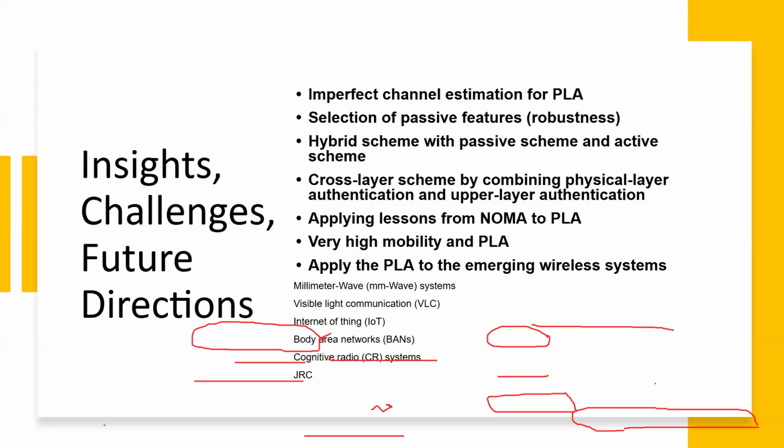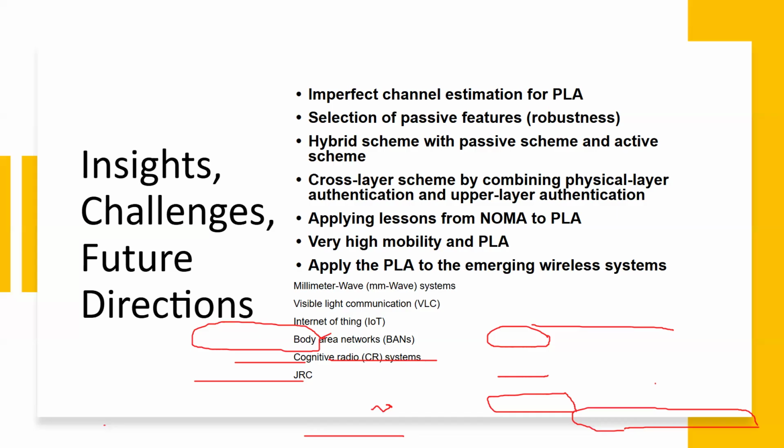We have a cross-layer scheme by combining physical layer authentication and upper layer authentication. These hybrid cross-layer schemes can provide extra advantages, of course, but they come at the expense of some wastage in time, delay, complexity, sophistication, whatever. Some researchers are applying lessons from NOMA, non-orthogonal multiple access, to physical layer authentication.